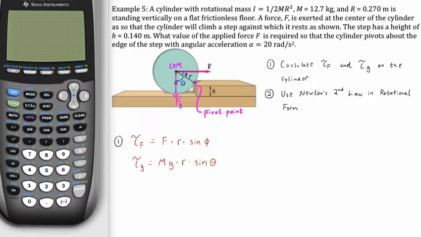Well, we gotta make some right triangles. So what I'm going to do here is draw what quantities we know. Okay. So we've got our cylinder. Okay, and then we have some step, like so.